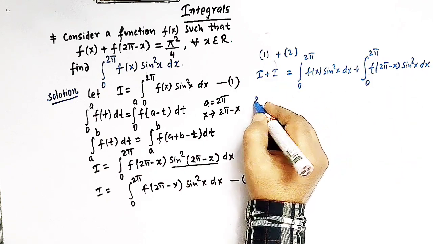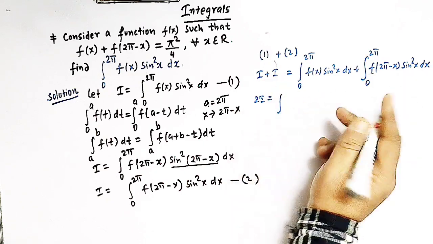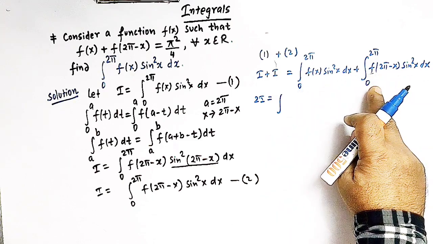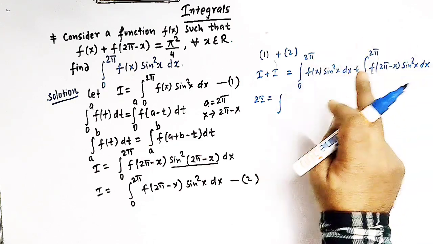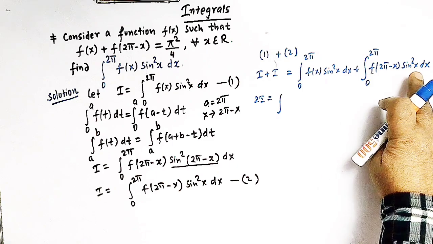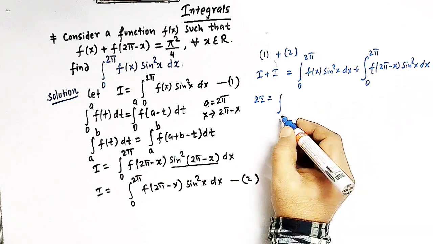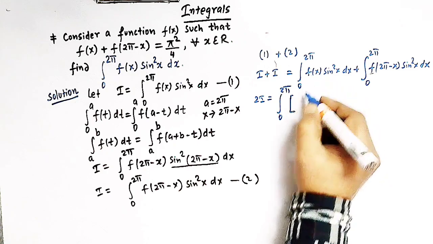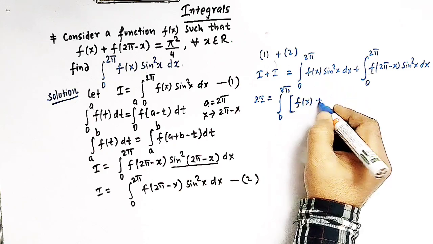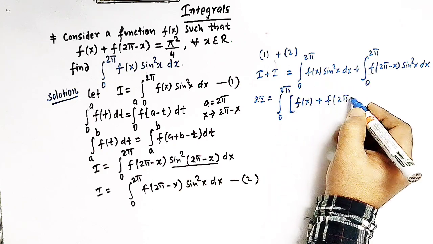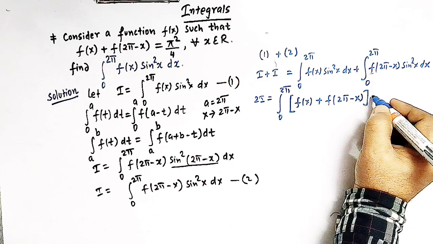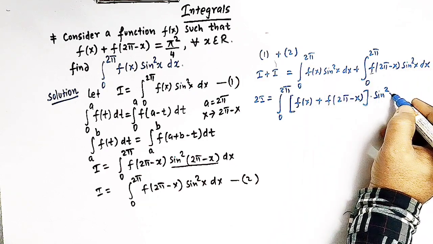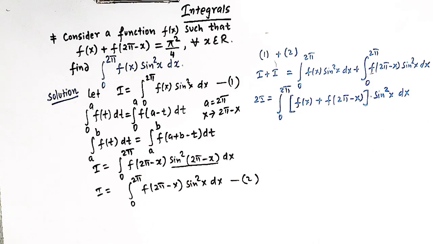So I plus I is 2I, and in both the integrals the limits of integration are the same, and we have sine square x in both. So we can now write the integral from 0 to 2 pi, take f of x plus f of 2 pi minus x, and take sine square x common, so we have sine square x dx.